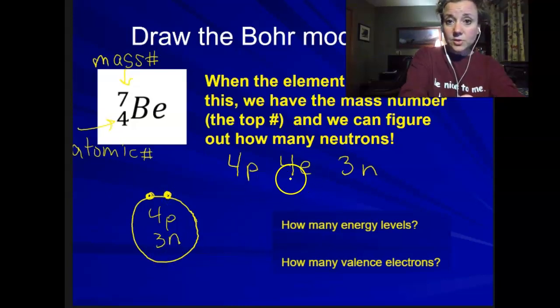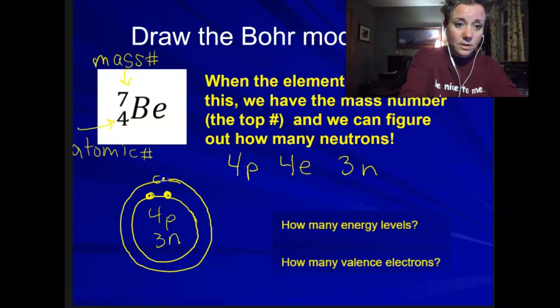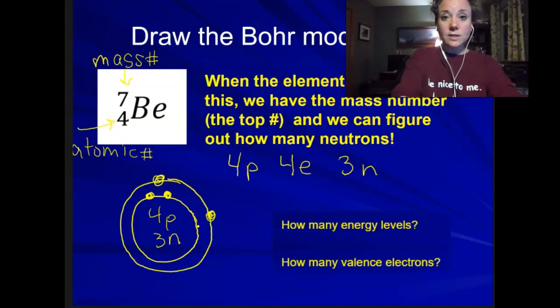And since I have a total of 4, I still have 2 more electrons to place. So I'm going to draw a second ring and then add my last 2 electrons. How many energy levels do I have? 2. And how many valence electrons do I have? Also 2.